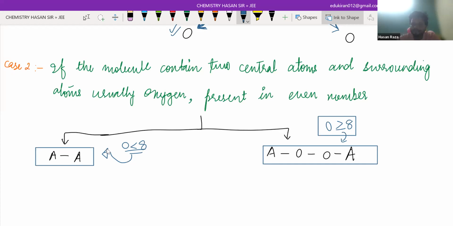Are you done with this, everyone? Yes, sir. Okay. Now, can you draw the structure of N2O4? Very important compound.